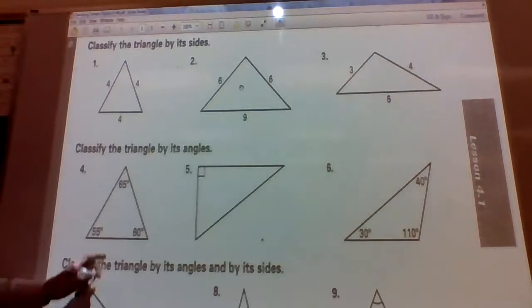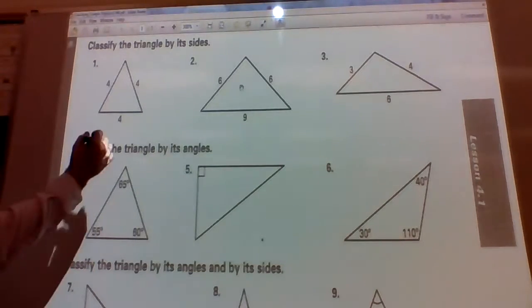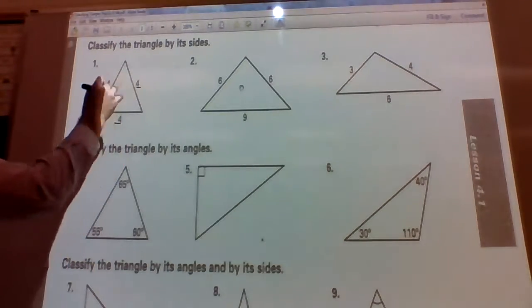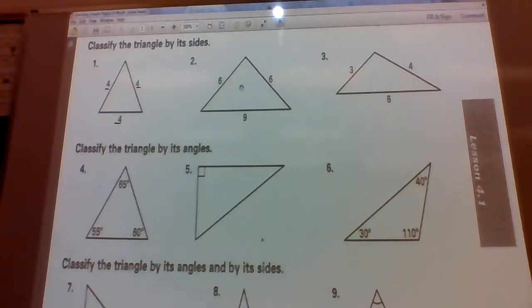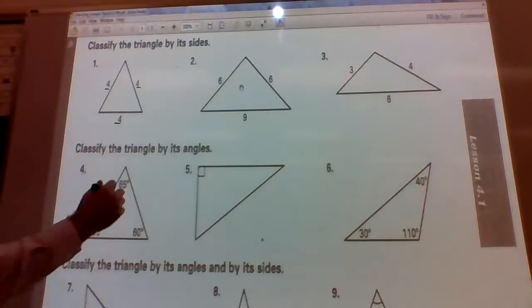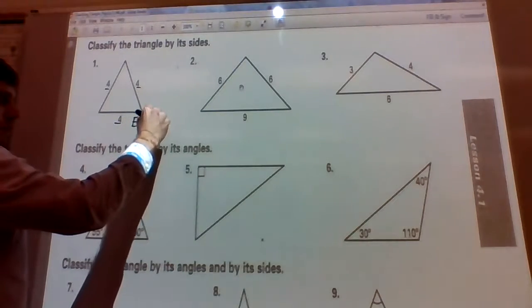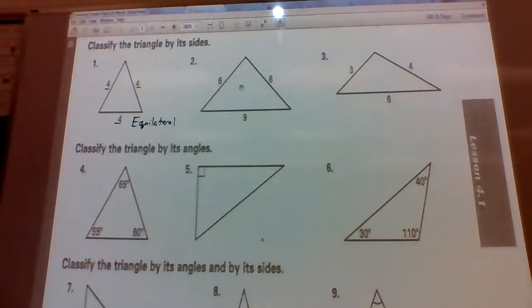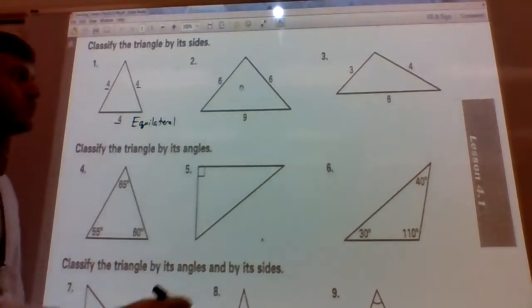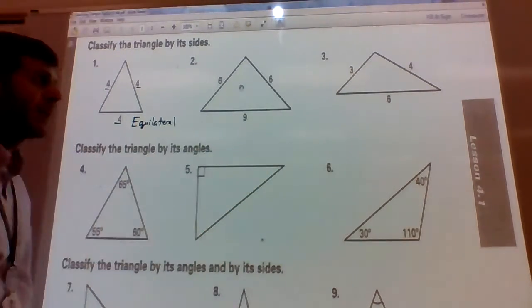Okay. So if we look at the first one, the length of all the sides are 4. So we know all the sides are the same length. Therefore, this is going to be equilateral. Look at number 2. We have two sides that are 6, one side that is 9.